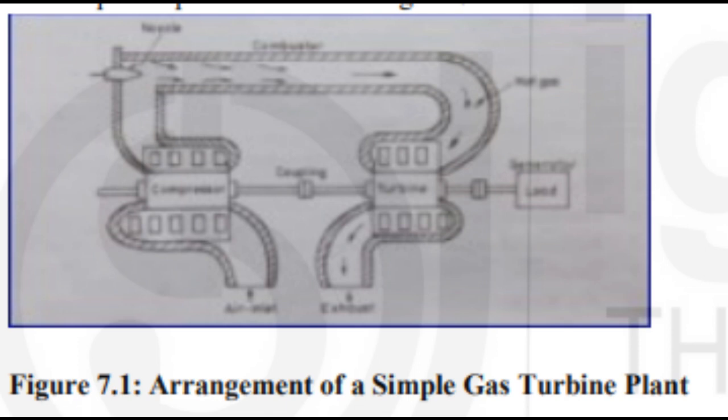Other auxiliaries are starting device, lubrication system, duct system, etc. A modified plant may have, in addition to the above, an intercooler, a regenerator and a reheater. The arrangement of a simple gas turbine power plant is shown in figure 7.1. Look at the screen. Figure 7.1, Arrangement of a simple gas turbine plant.